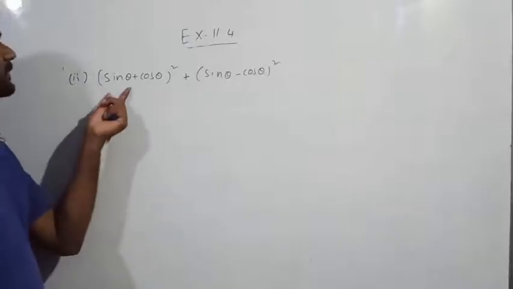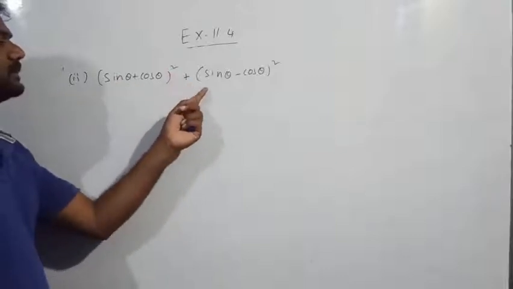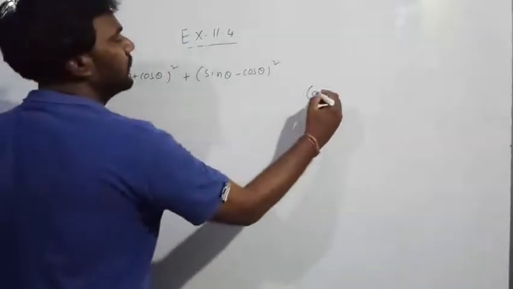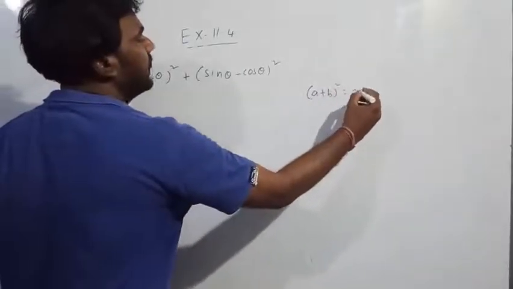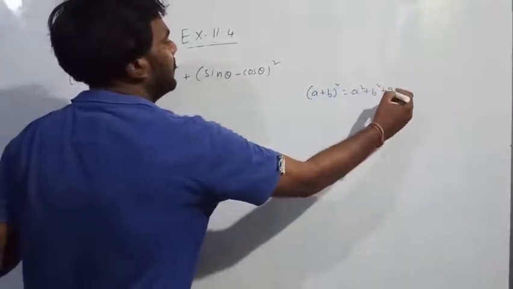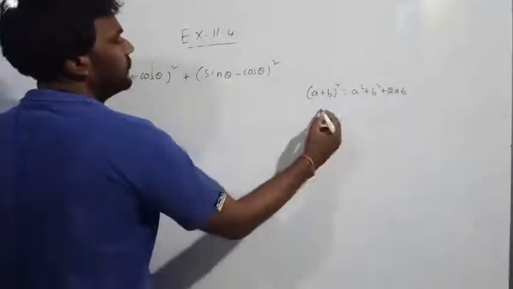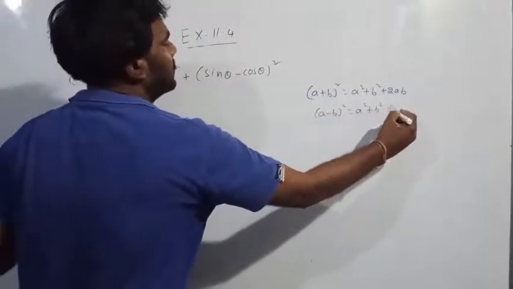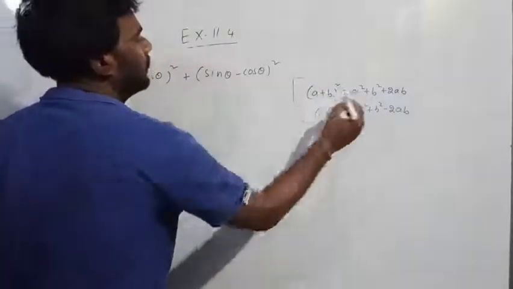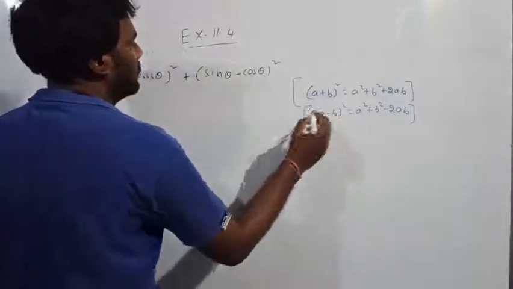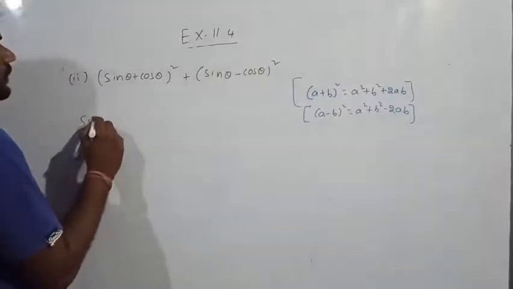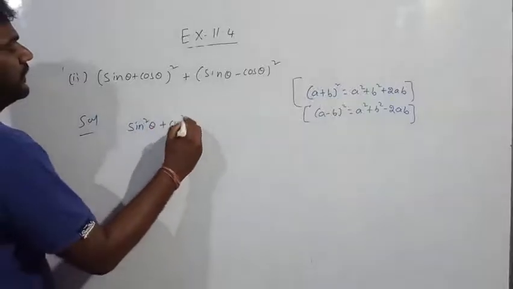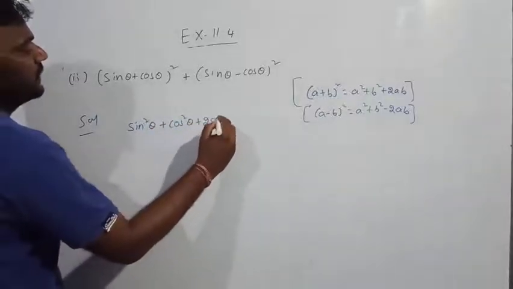Next, second one: sin theta plus cos theta whole square plus sin theta minus cos theta whole square. So it is in the form of a plus b whole square. What is the identity of a plus b whole square? A square plus b square plus 2ab. A minus b whole square, this one: a square plus b square minus 2ab. So here a means what? Sin theta. So sin square theta plus cos square theta plus 2ab means 2 sin theta cos theta.